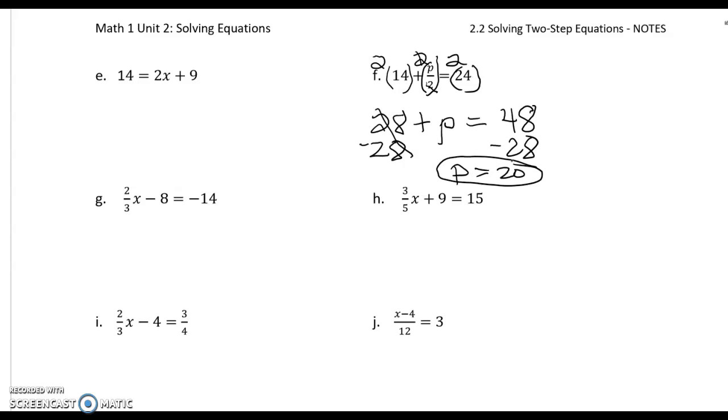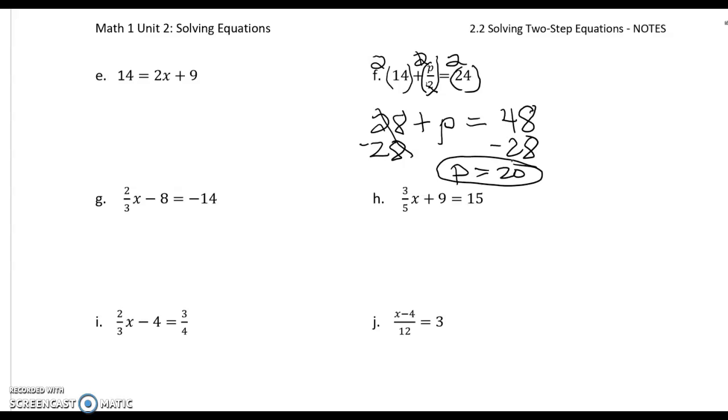All right, moving on to G. Again, we do have a fraction here. Now this one's a little different than what we saw in the previous examples in 2.1. Right? And we might be thinking that we might want to multiply by the reciprocal here. All right, but because of this minus 8, we want to be careful what we do in terms of clearing out the fractions. Right?